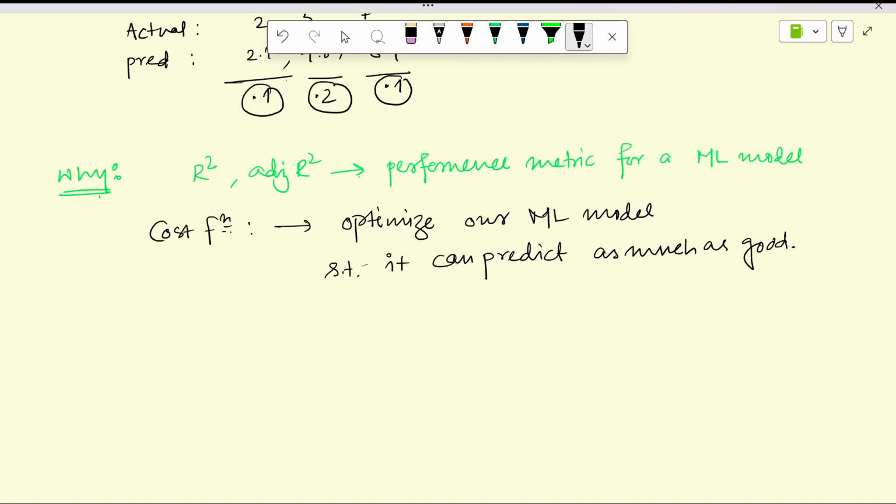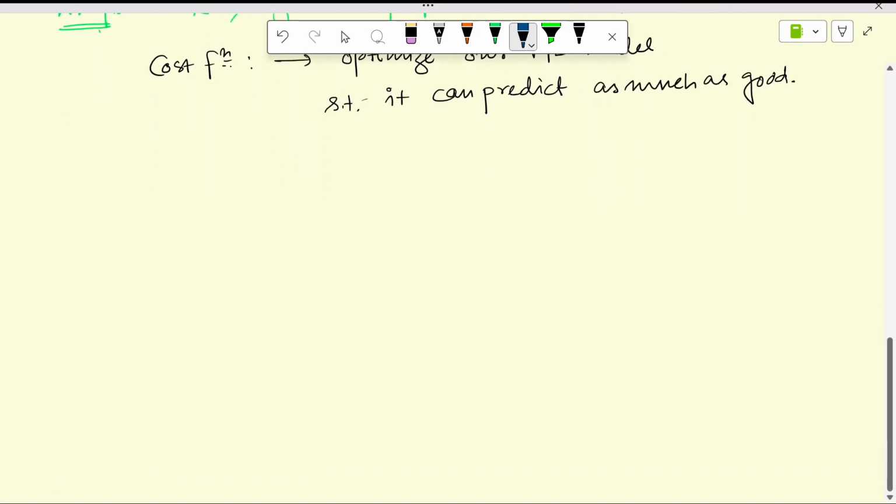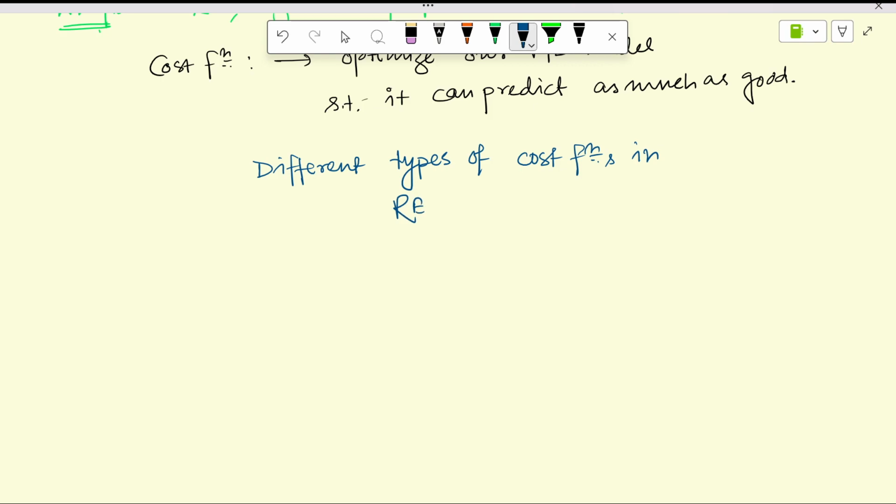Now, what are the cost functions in regression? We try to find that.